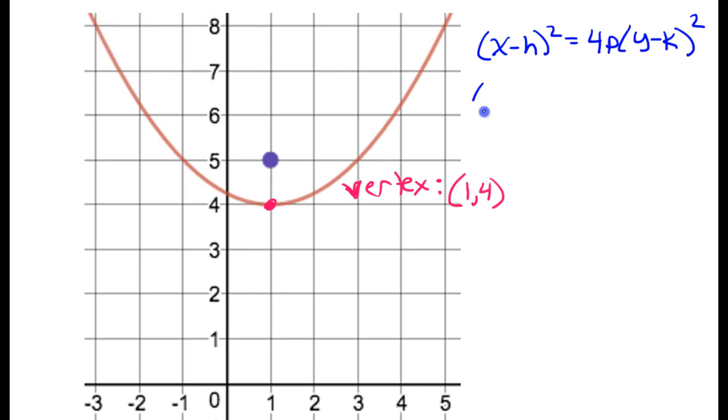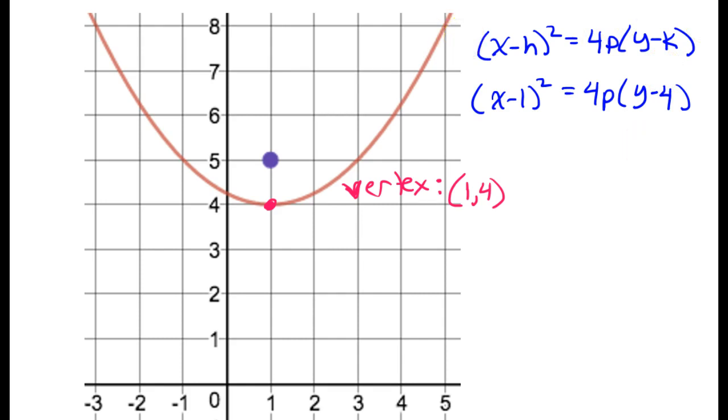So that means I will have x minus 1 squared is equal to 4p times y minus 4. Whoa, did I write squared right there? All right, this side is not squared. I don't know what I was thinking right then. So x minus 1 squared is equal to 4p times y minus 4 not squared at all.